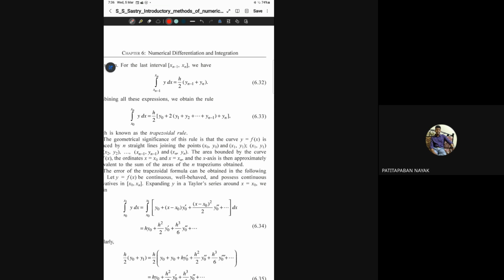Once you know the points x0, x1, x2 up to xn, you can find f of x0, f of x1, f of x2, like that. Those are called f1, f2, f3. And now using this formula 6.33 over here, you can find out the value of the integral.